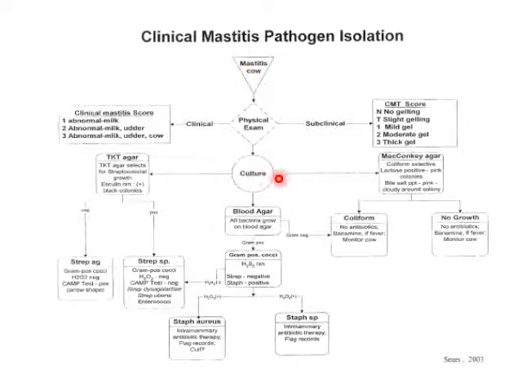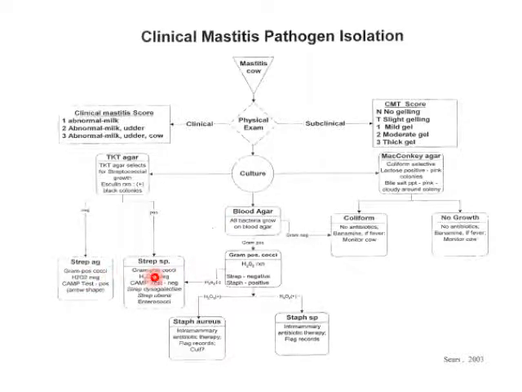With that cow, we're going to take a sample, and there's a number of different ways we can go to sort through and identify which microbes we have. If you do a triplate, you're going to have this agar already there, based on what you see on those plates.